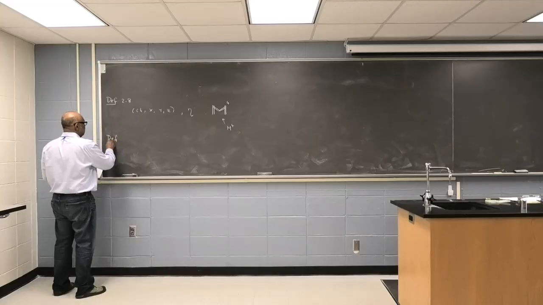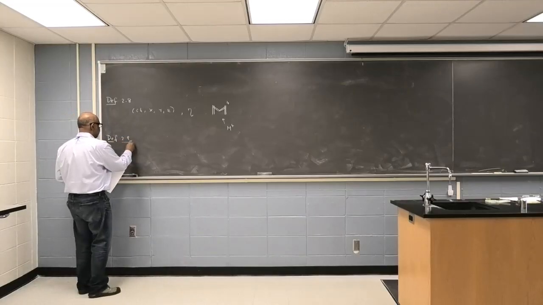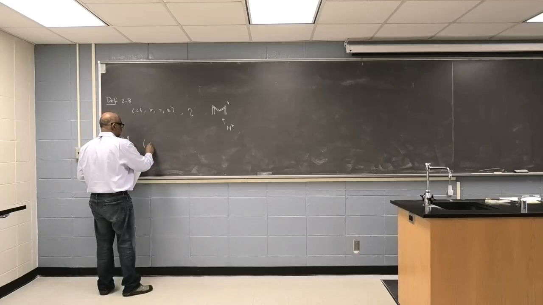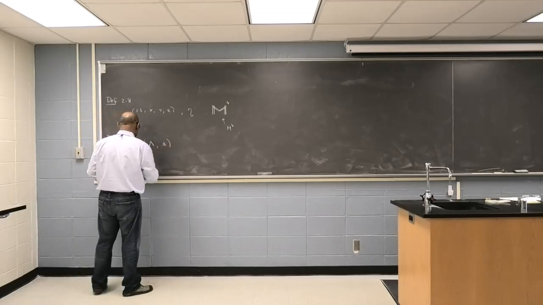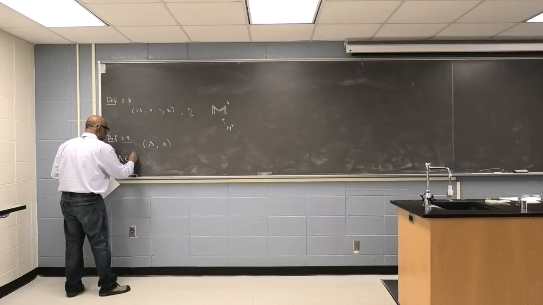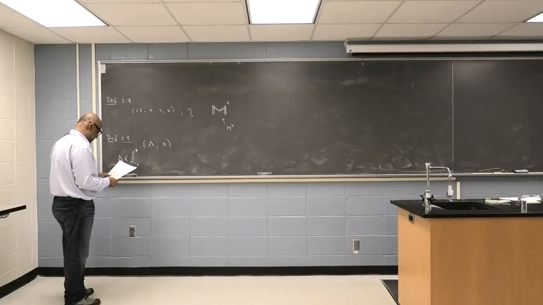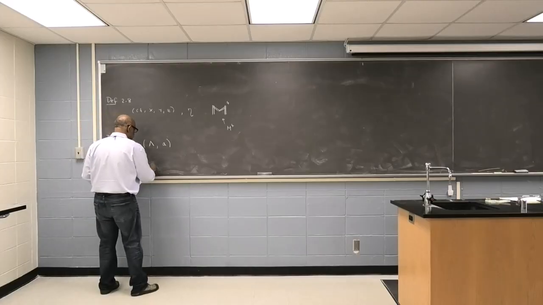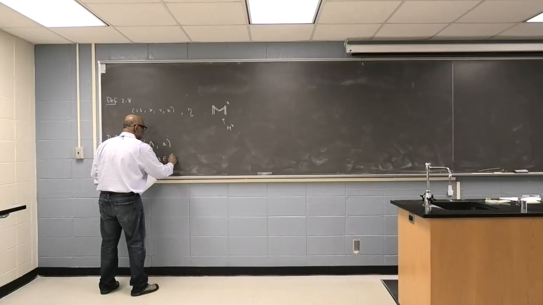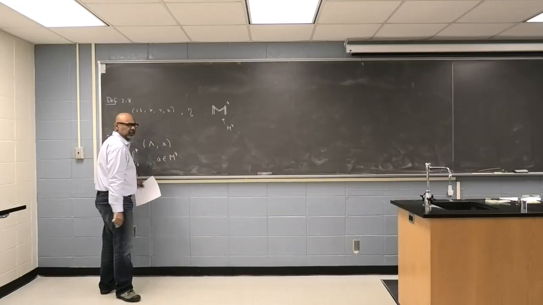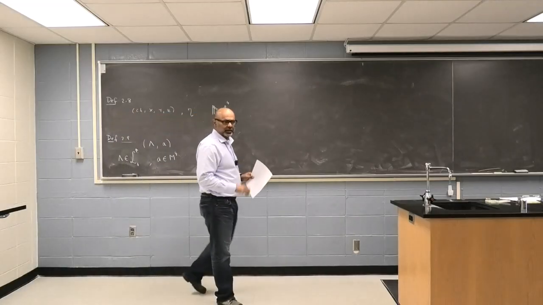Definition 2.9. So if I take the set of lambda, A, where lambda belongs to the Lorentz group and A belongs to any point in Minkowski space, it's a 4-dimensional translation.